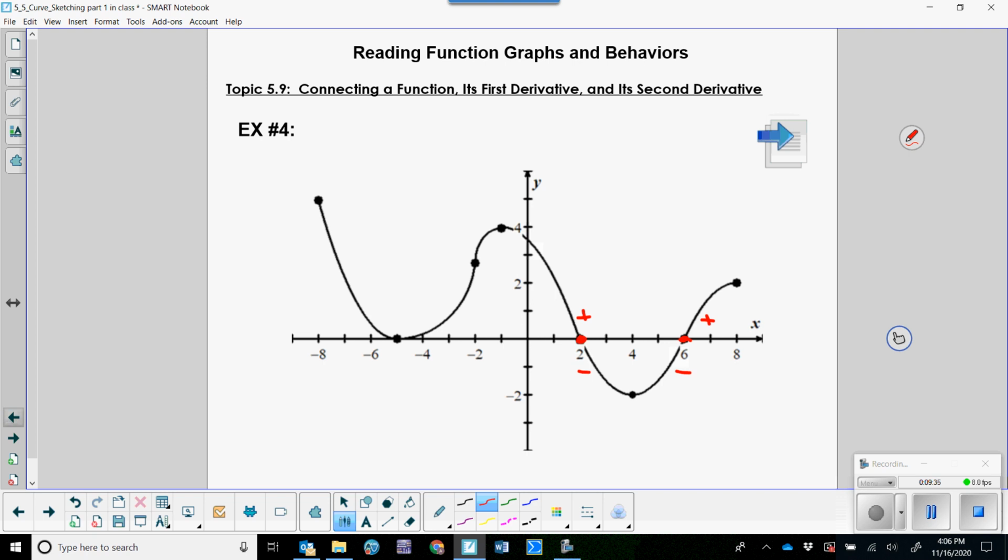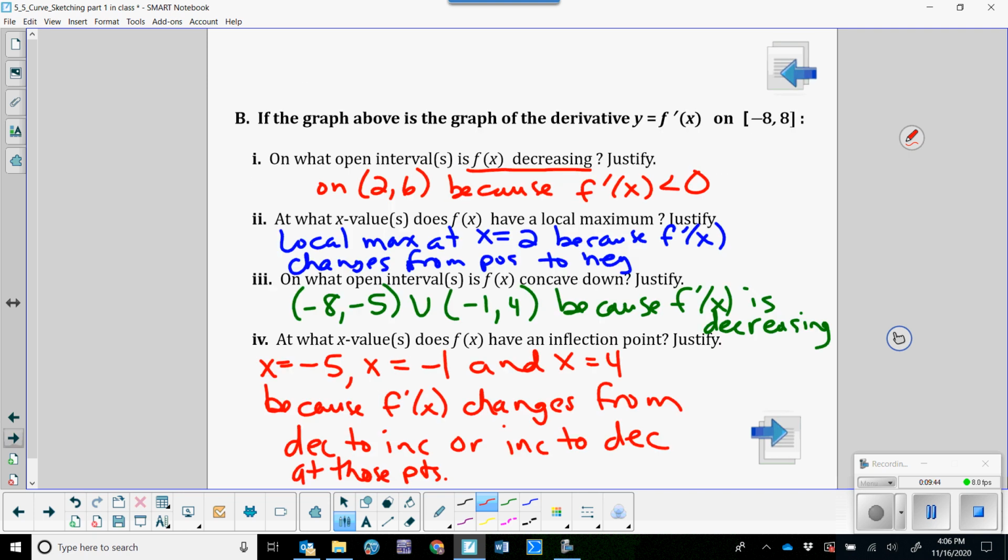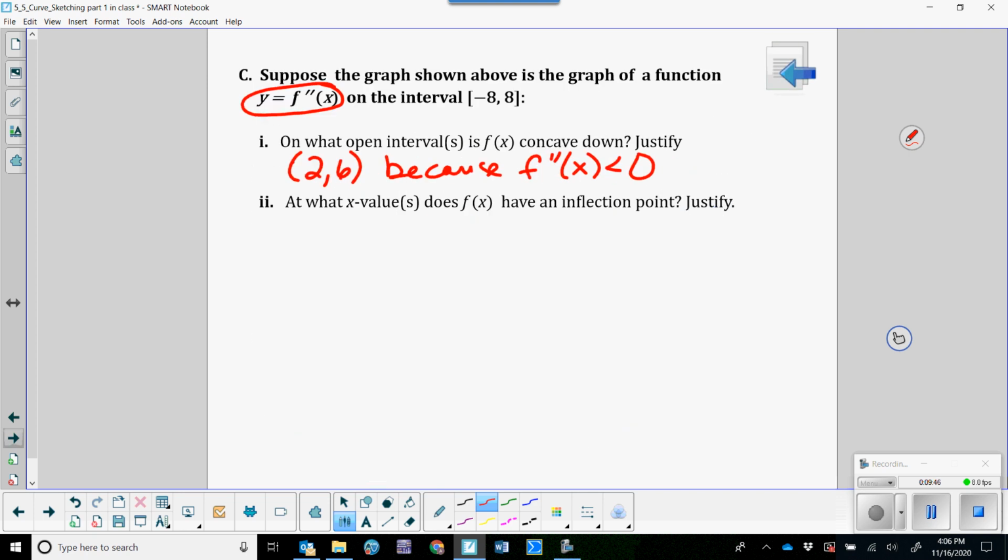So we're going to have at x equals 2 and 6, and that's going to be it because that's the only place that this function, which is now f double prime, changes. So we're going to have at what values?